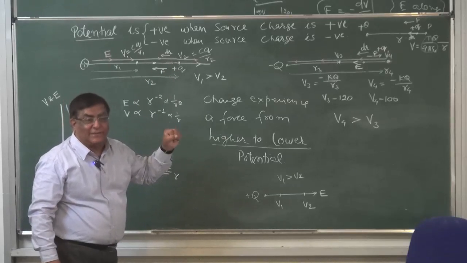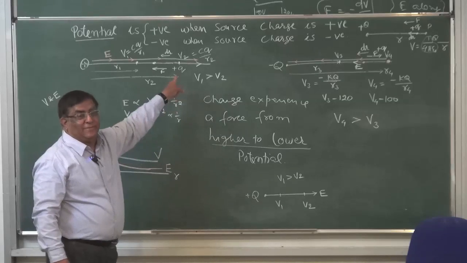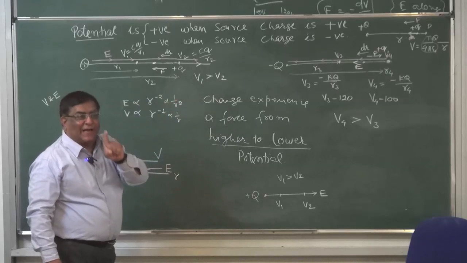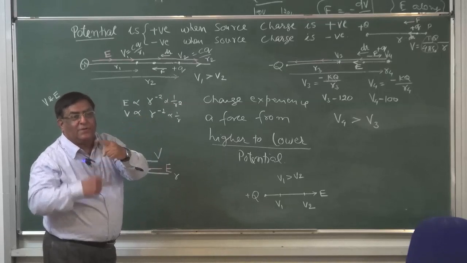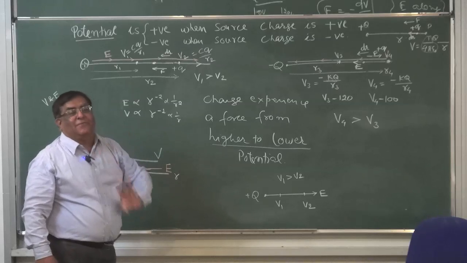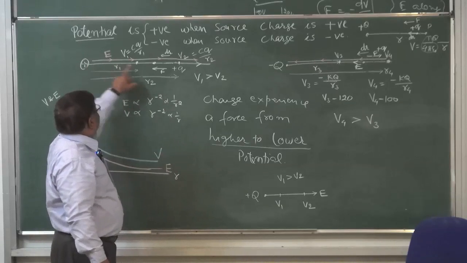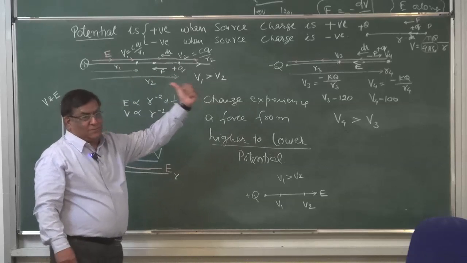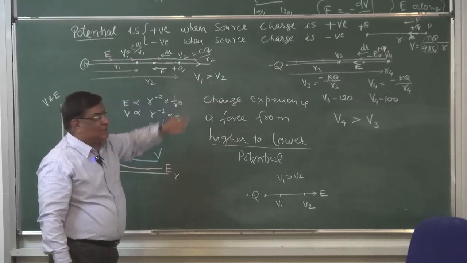Left or right? Left. What is the direction of E? Right. So the direction of E is opposite to the direction of potential difference, dV. Understand? This is higher potential, nearer to it; this is lower potential. So dV is in this direction and E is in this direction.